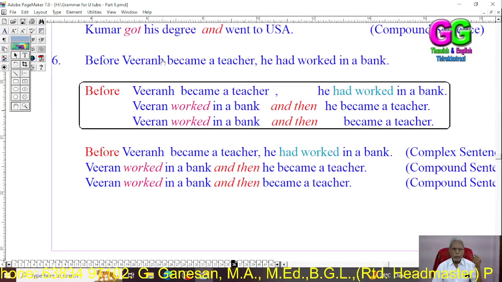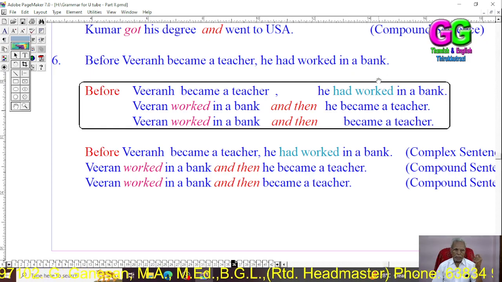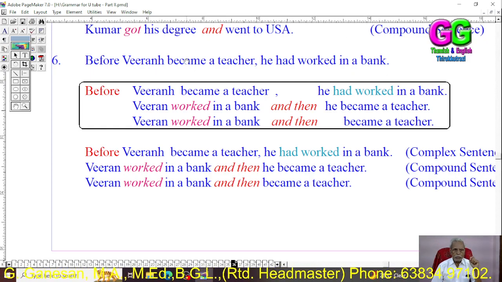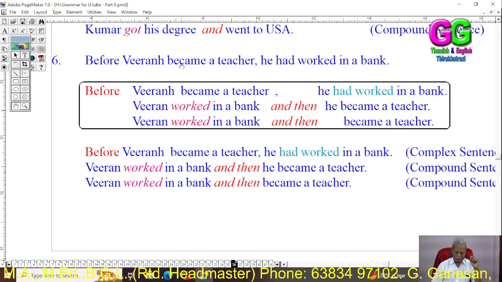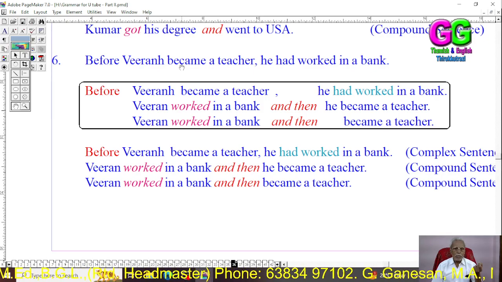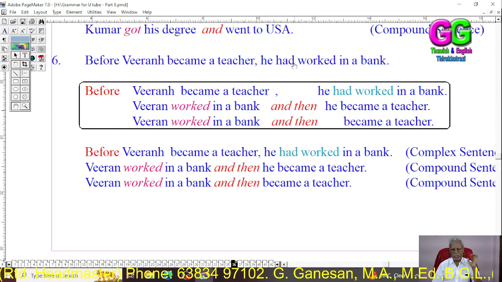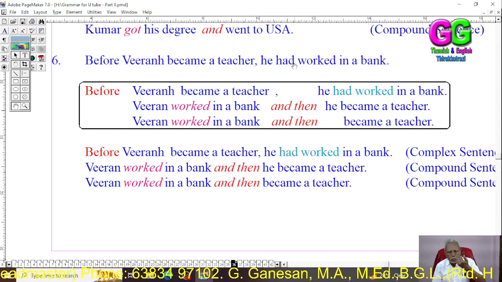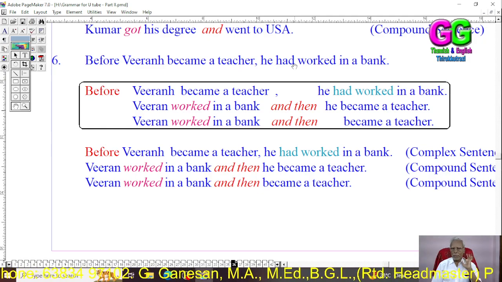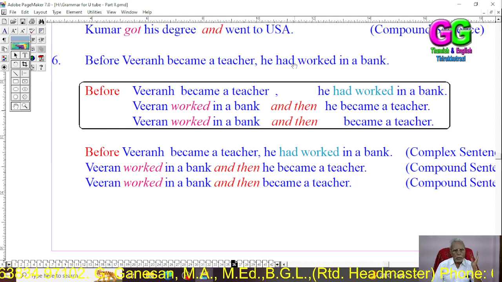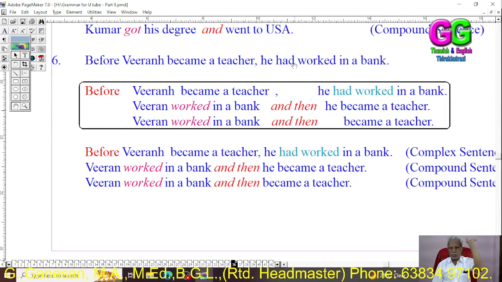Then, before Veeran became a teacher, he had worked in a bank. Here, the subordinate clause has simple past tense, whereas the main clause has past perfect. Here we are going to convert the complex into compound. So we have to reduce the past perfect into a simple past.